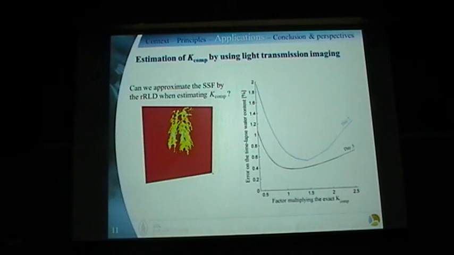But here, as you can see, we are more around 1.4, 1.5 times the value of K-comp. And here we have a little bit less information during the third day of the experiments, but it's a little bit better. But let's say I don't really understand much about the plant. What do I need to measure in order to estimate it?